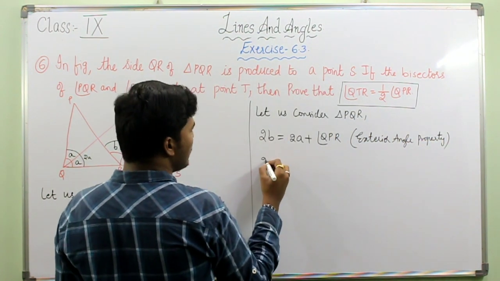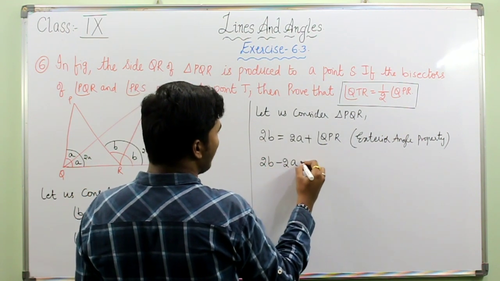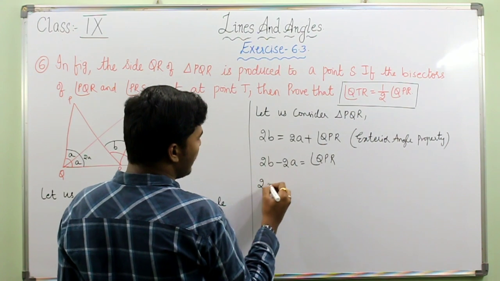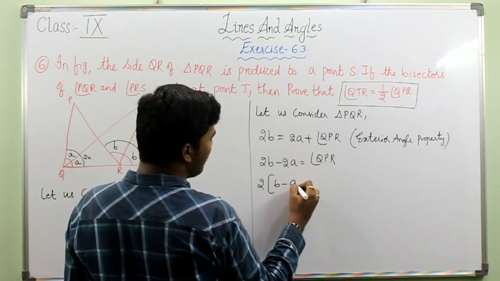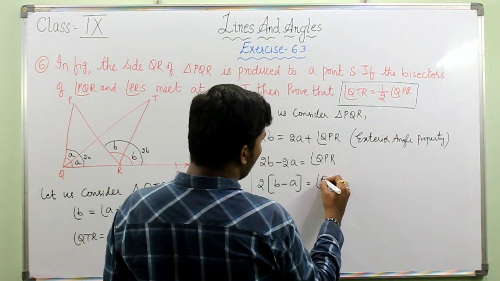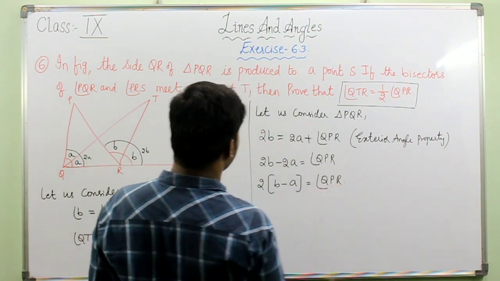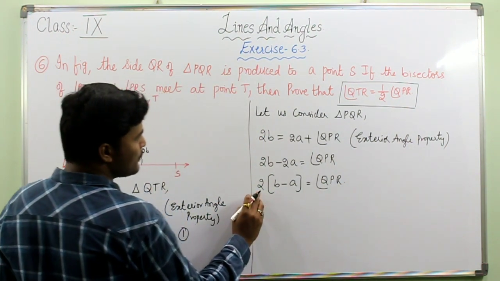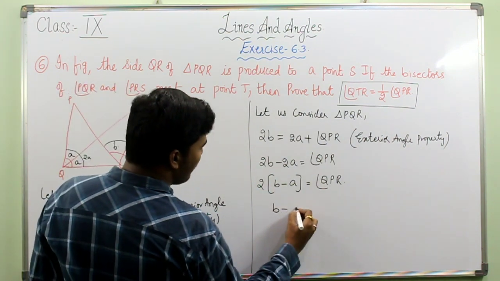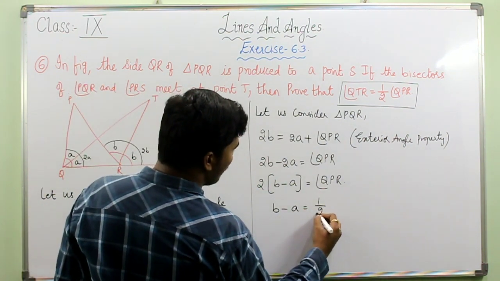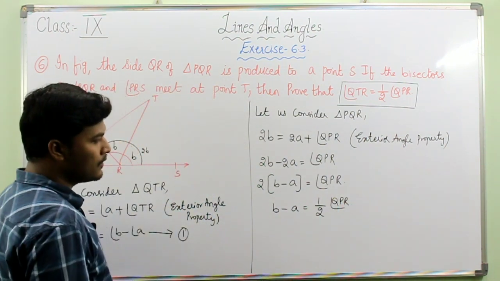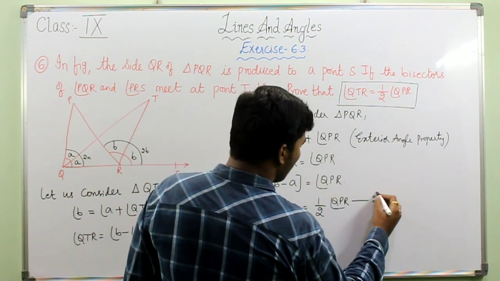So from that 2B minus 2A is equal to QPR. If I take 2 common, I will have B minus A is equal to half of QPR. Let this be equation number 2.